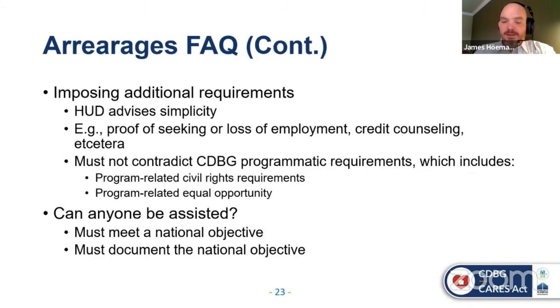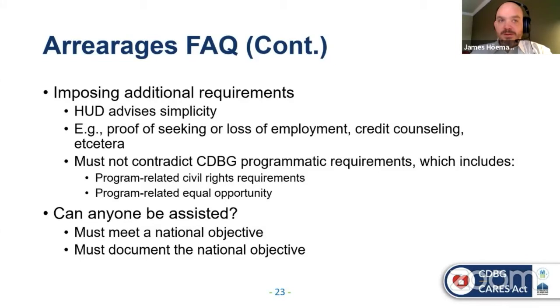So then just as a reminder, you've got to meet the national objective, and you've got to be able to document the national objective. It's really basic in this sense. As I said on a previous slide, we're making sure that we're looking at the income of the individual. We have the self-certification on the low end. We've allowed folks to use the self-certification all the way up to letters of employment and earnings and leave statements.